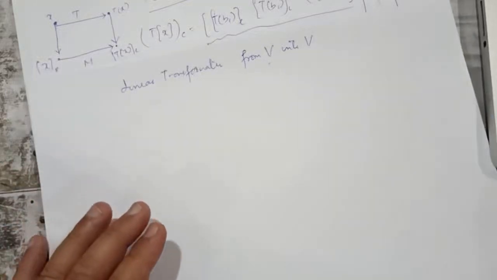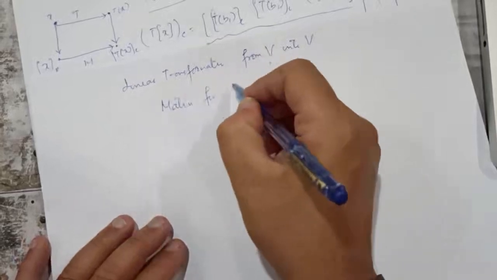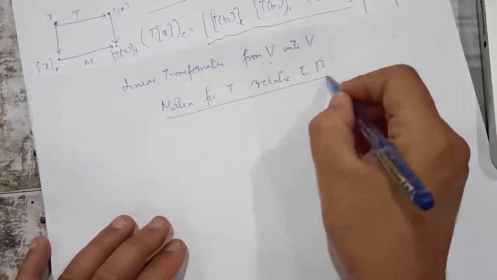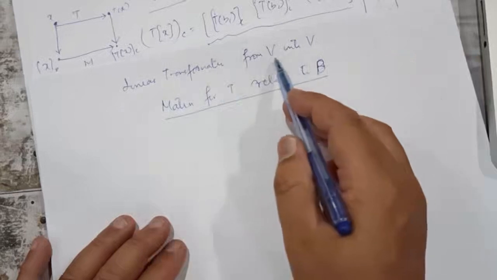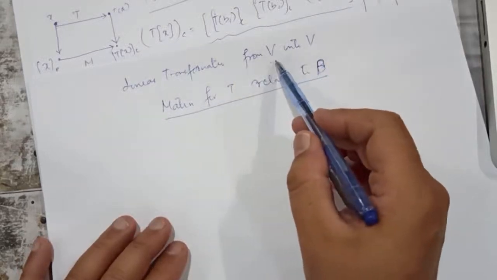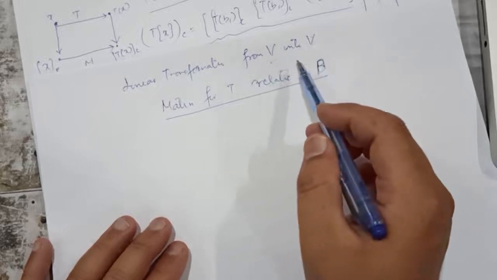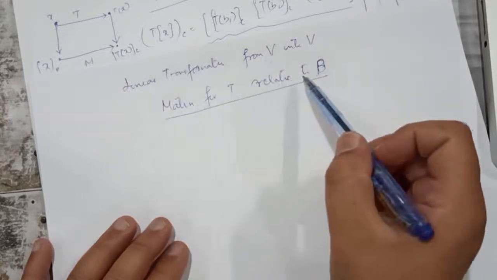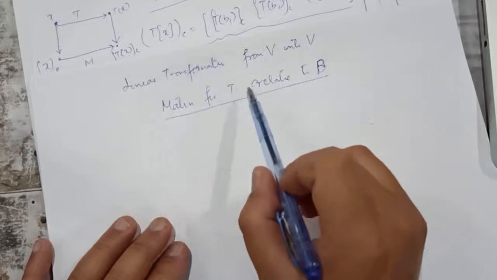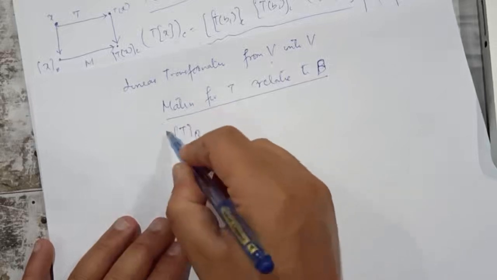So the matrix M in this case will become the matrix for T relative to B, because now we only have one space. As I told you, V is equal to W and B is also equal to C, so there is no C involved here. So the matrix for T relative to B can now be easily written as T of B, right?